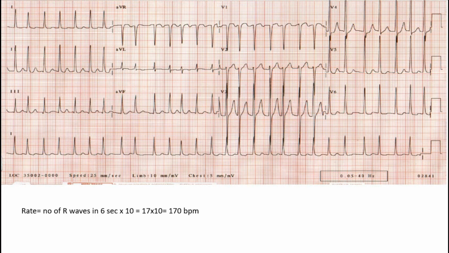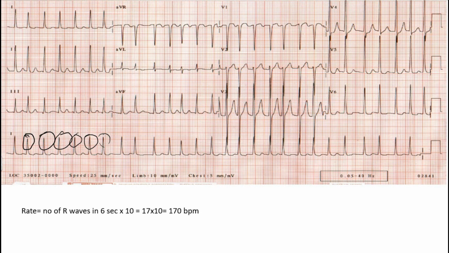Here is a 12 lead ECG, and first of all we will look at the rhythm. Every QRS complex is of different duration from the other, so this is an irregular rhythm.